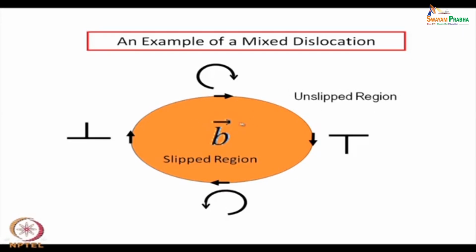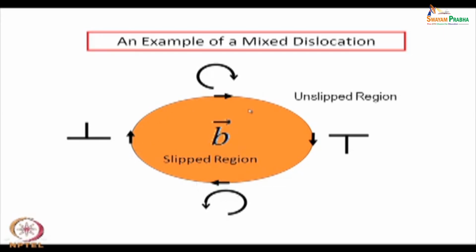If the B vector is in this direction, then the slip direction is here, the dislocation line is in this direction, and you have the so-called T symbol here, and this is a reverse T. The directions are different because the tangent to this line is different. The T vector is different, the B vector is always in this direction, but the T vector may be in this direction, or this, or this.